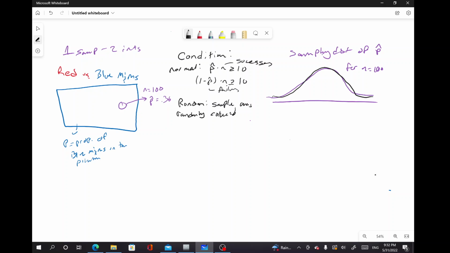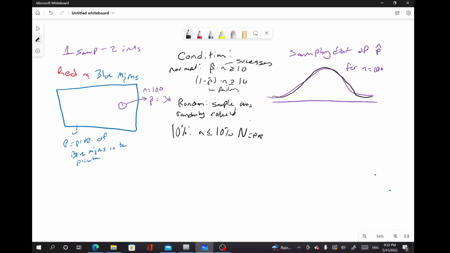We just want to avoid any extra complications that we don't want in our sample, and make sure that our data is clean, per se. Then the last condition is the 10% condition, which means that n is less than or equal to 10% of big N. Big N is the population.